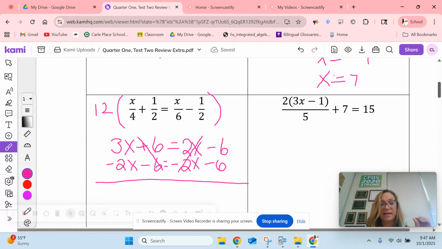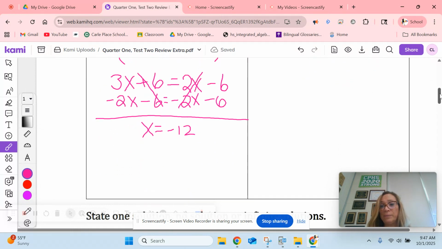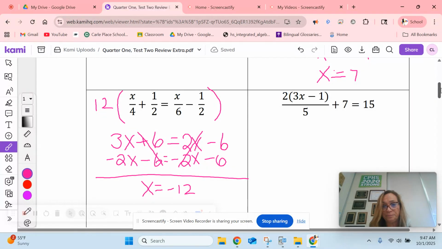And you'll notice that negative 2x minus 6 is the same as negative 2x minus 6, so I added the same thing to both sides. That gives me x equals negative 12. I would totally check this on my calculator if I were you, because anytime something's with fractions, we're always a little bit vulnerable to making mistakes.